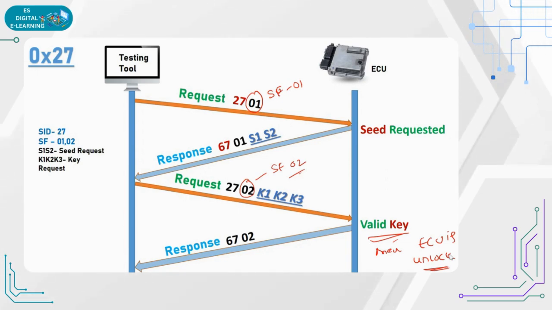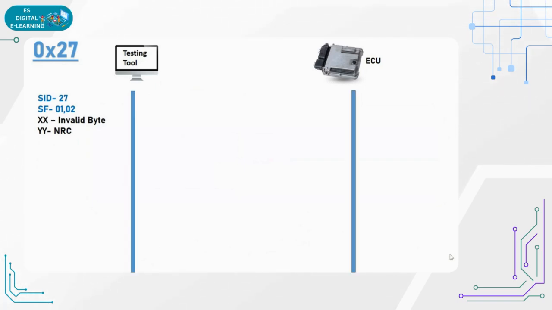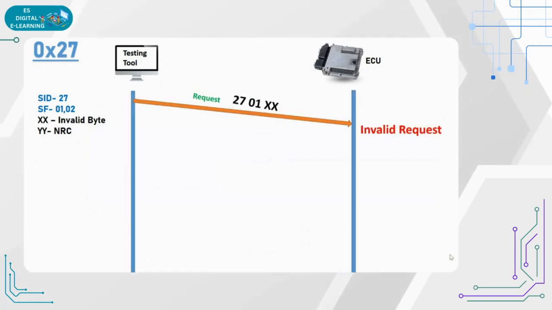Next, coming to the other point. What are the invalid requests? We are sending the request as 270XX. Usually when we send the service ID and sub function, if you have an additional byte here, that is an invalid request. It won't accept.